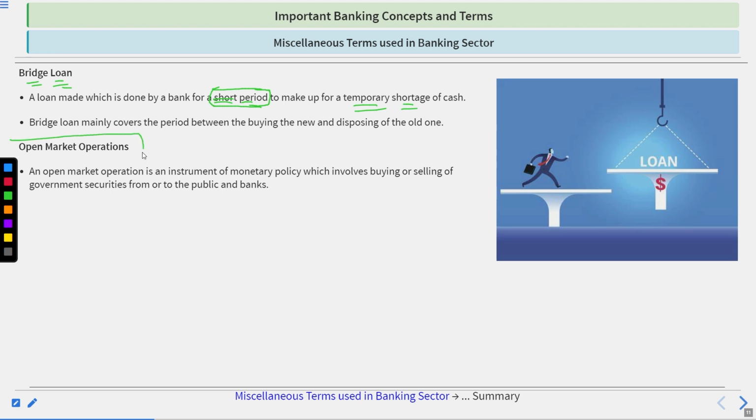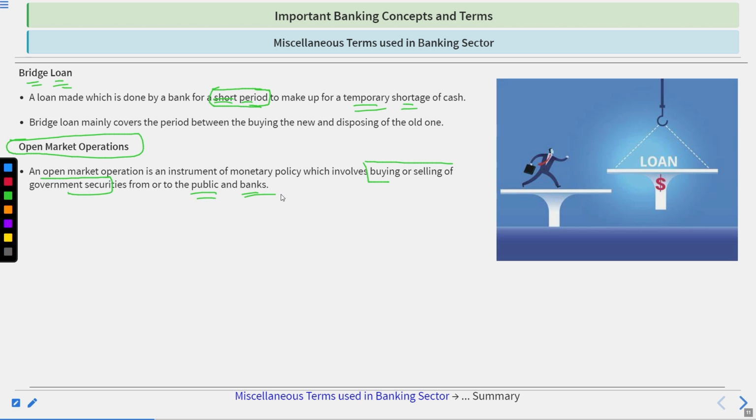Open market operations, in short known as the OMO. An open market operation is an instrument of monetary policy, involving buying or selling of government securities from or to the public and the banks.